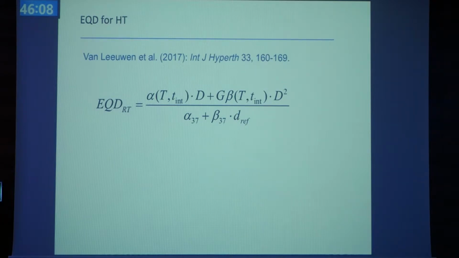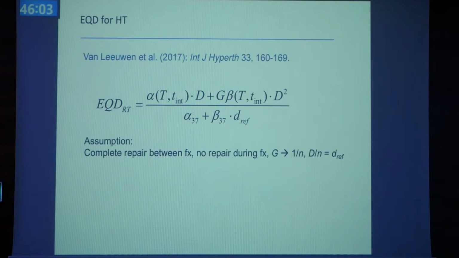So it's converting, in principle, the dose to this situation. There is an assumption made. If we assume complete repair between the fractions and no repair during the fraction, the sensitizer dose protection factor, which is multiplied here, becomes 1 over the number of fractions. So the total dose divided by the number of fractions is then the reference dose per fraction, and this is the reason why we do not have the total dose here, but this reference dose per fraction.